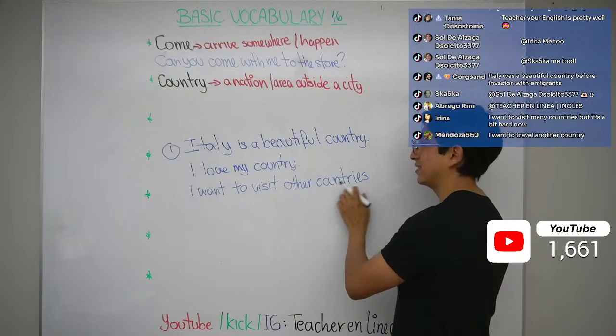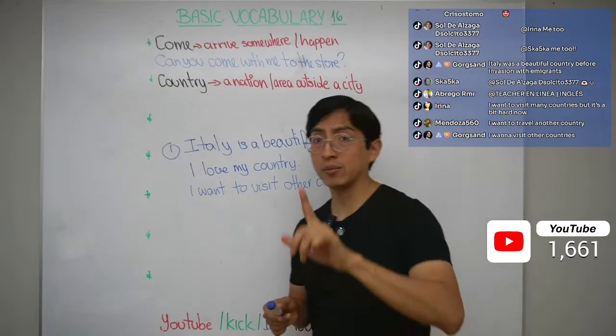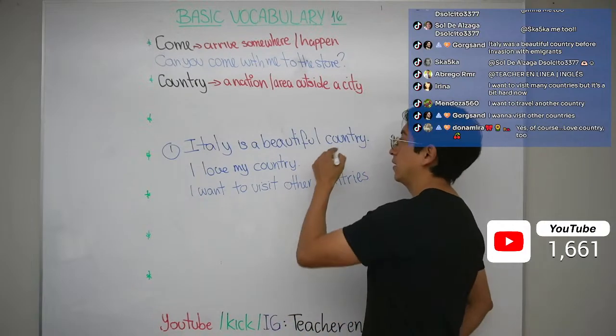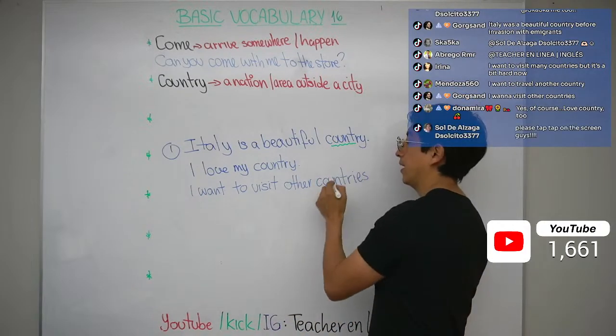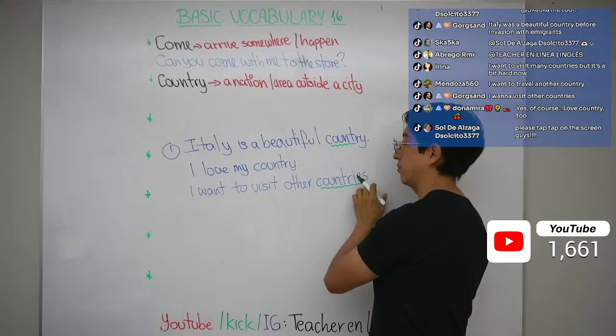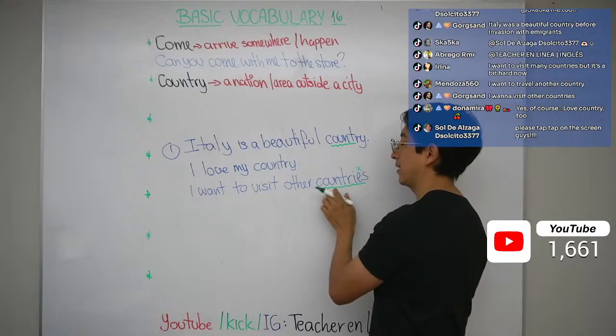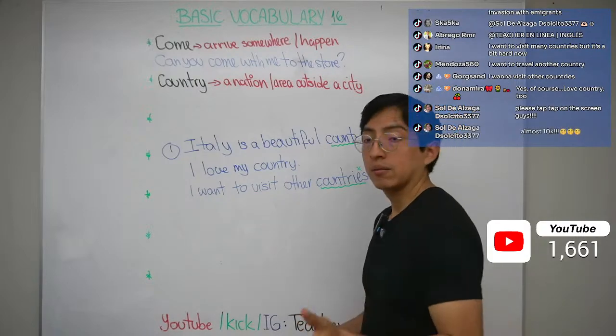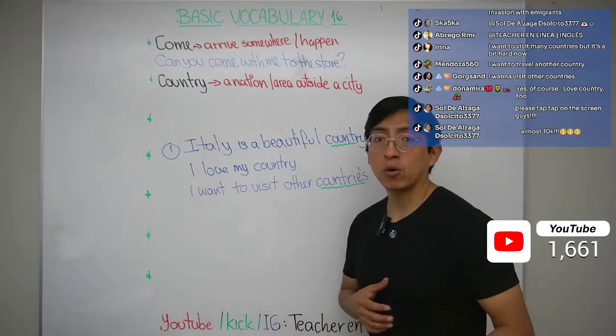Other countries. Okay, keep this in mind, guys. This is the singular form and this is the plural form. Country, countries. Remember, we don't pronounce the letter E. Countries. Country, countries. Yep. Now, this is a very basic word, right?